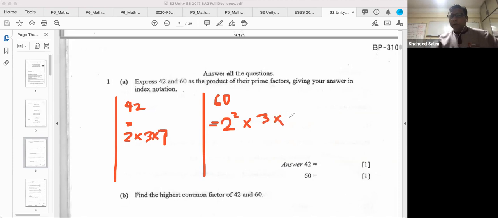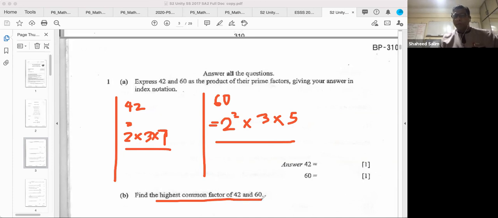You get it, Ryan? Now, from these two, you can find the highest common factor. You know how to find highest common factor now? Okay, what's the highest common factor?